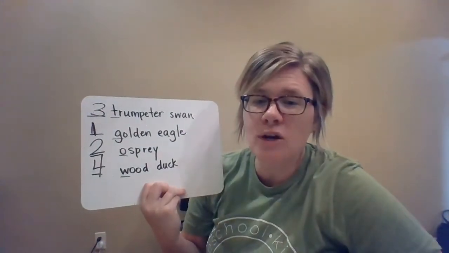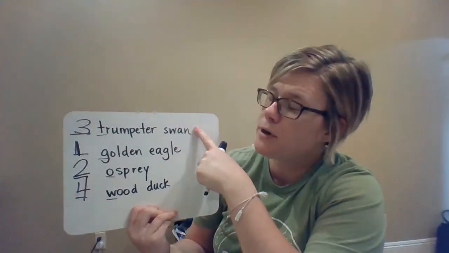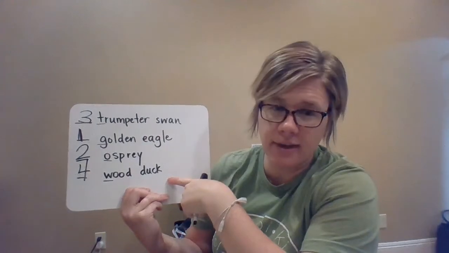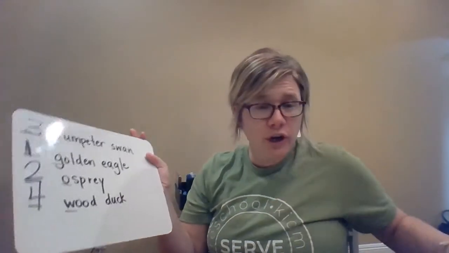So if I was putting them in order, it would be golden eagle, osprey, trumpeter swan, wood duck. Okay, do you see how I did that? All right, on number 2, you're going to do the same exact thing. I'm going to let you go back and finish that by yourself.